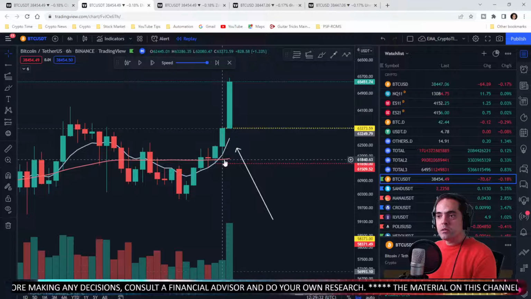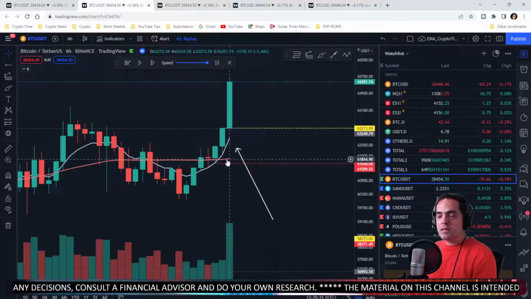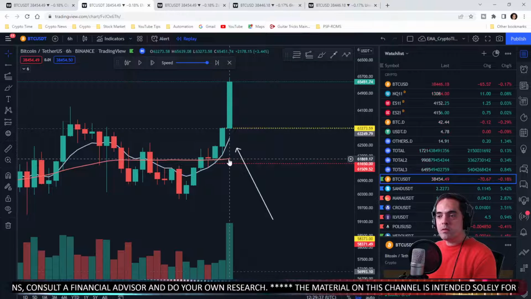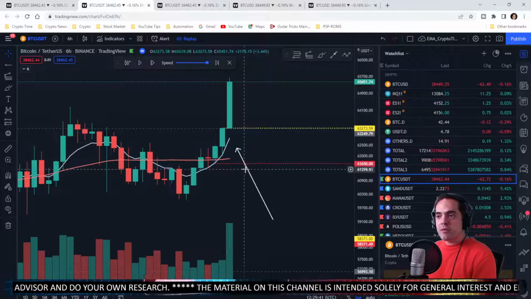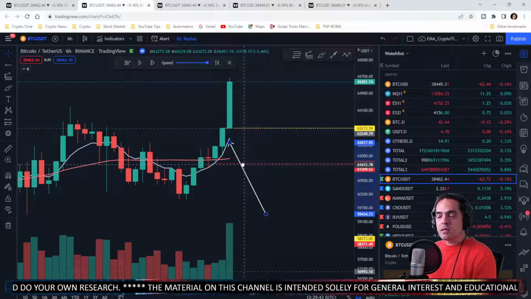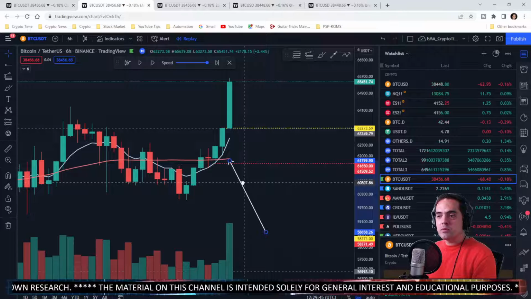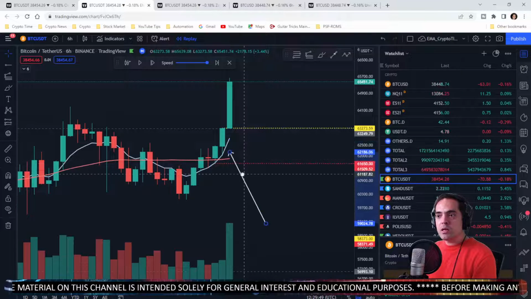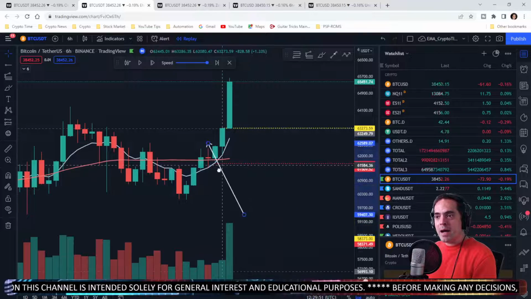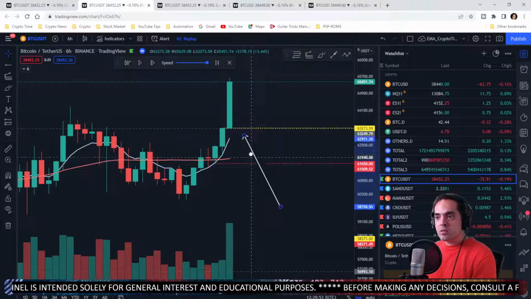And another one, the red or pink line here, is our slow EMA, which is the 80. So I'm using two of them. Again, the first one, the white, is 8. And the next one, the red here, is 80. So those are two EMAs, our buying and selling signals.